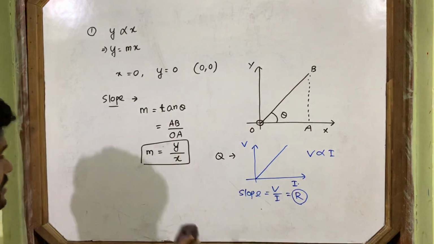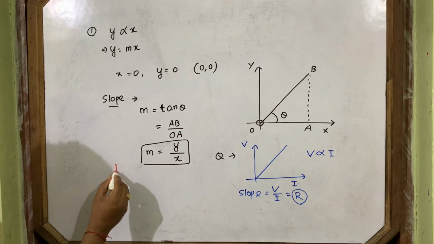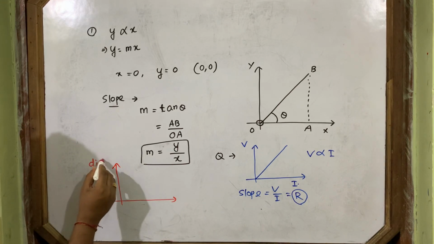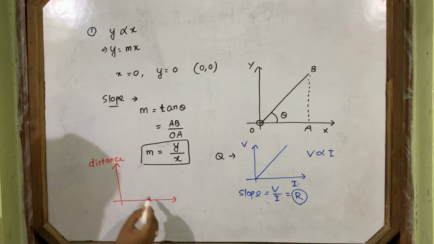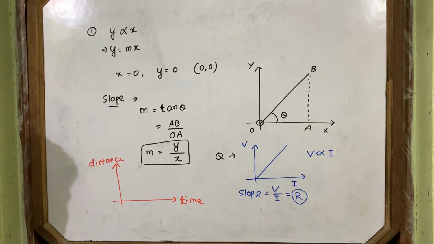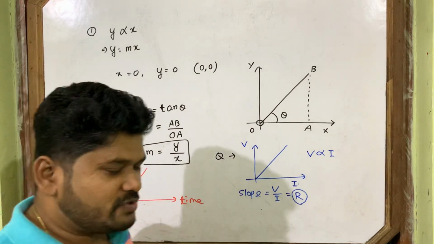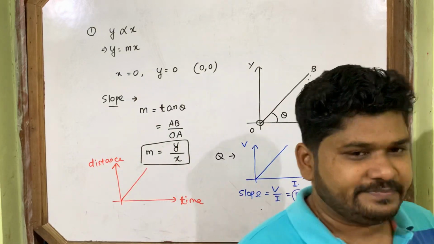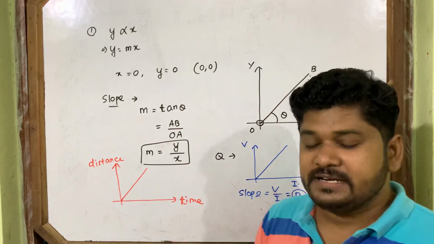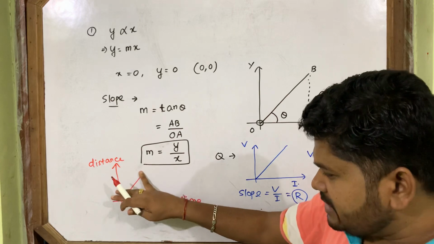Suppose I give you another question. Here distance is taken, and on this line time is taken. Suppose the graph comes like this. For any type of motion, if the graph comes like this, and the question is asked, slope provides the value of what? Don't bother about the shape of this graph.